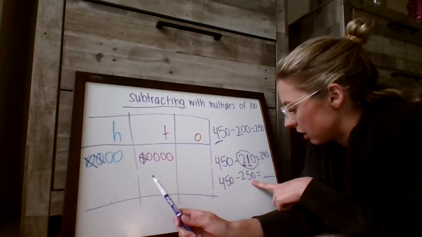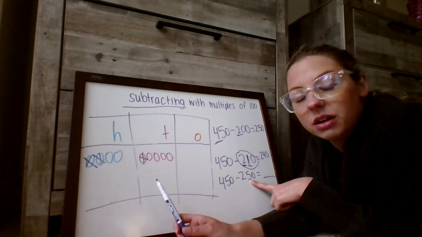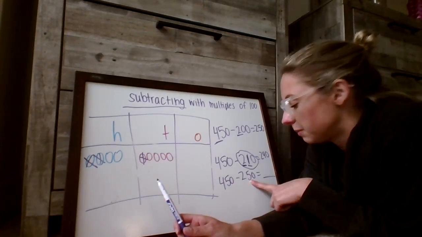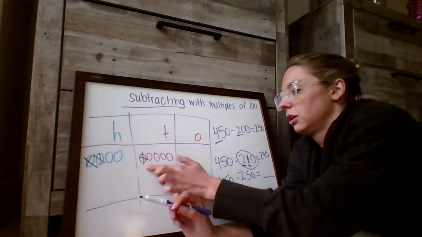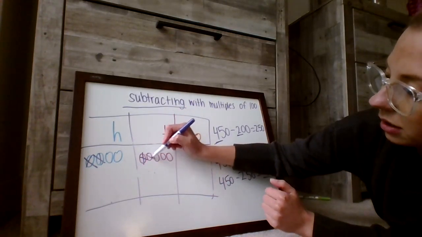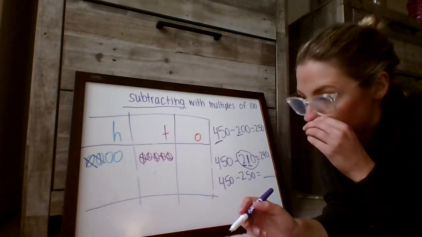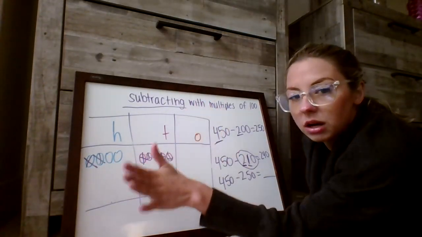And now we need to cross out 5 tens because 5 is in the tens place for 50. 50 is 5 tens. We've already crossed out 1, so let's count on. 1, 2, 3, 4, and 5. There's 250, 250 crossed out.